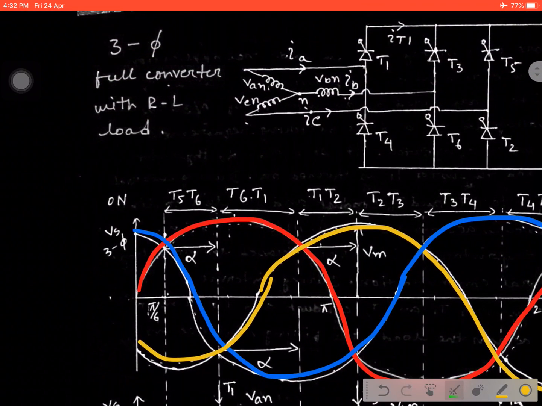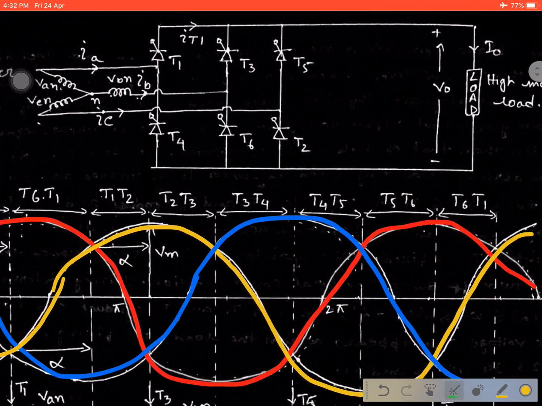Why? See, in the circuit diagram, when phase A is greater than the other two phases, then thyristor T1 will be in forward biasing condition. Then we can apply the triggering pulse with respect to the other two switches, suppose T2 or T6. But when phase A is less in magnitude with respect to the other two phases, then thyristor T1 will be in reverse biasing condition.